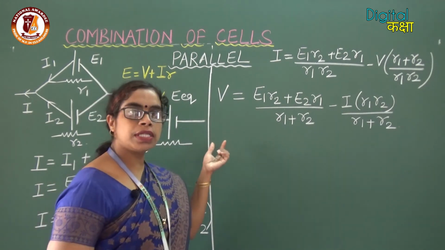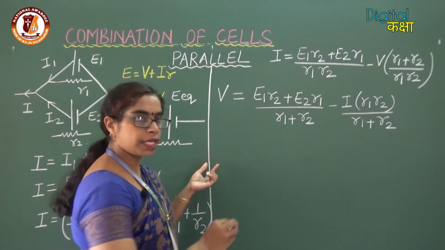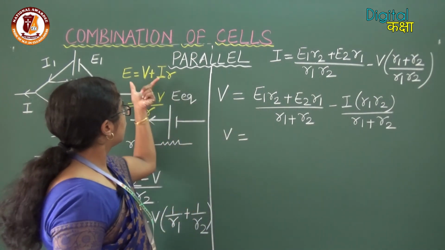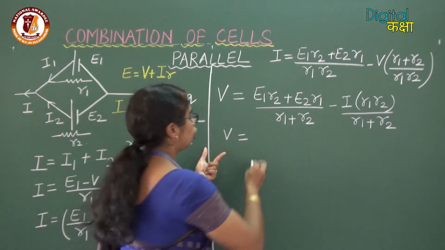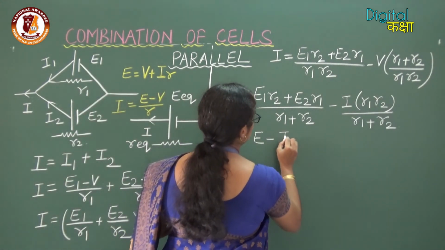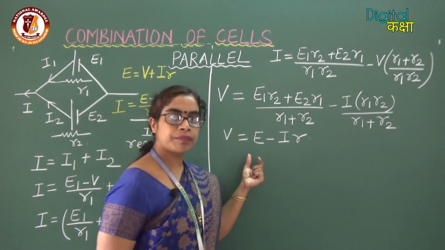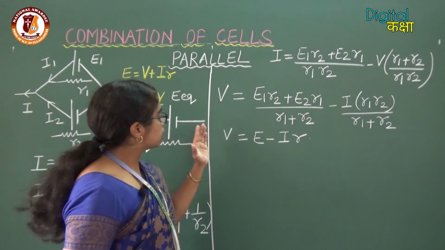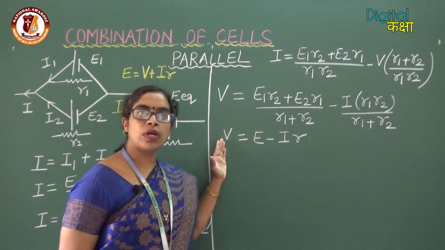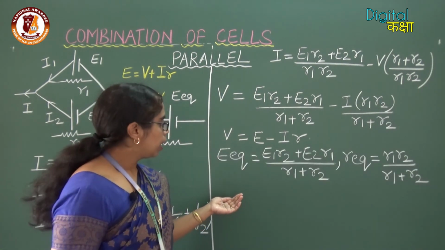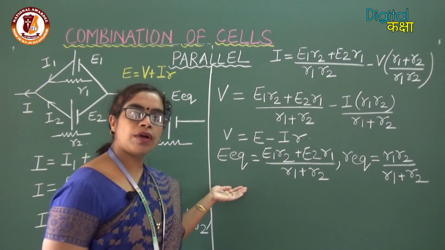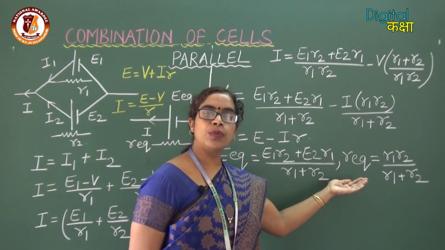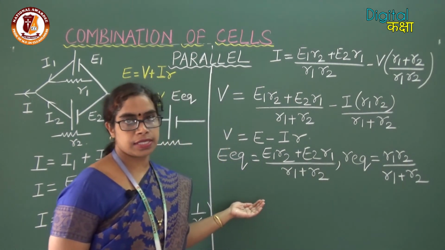When I compare this equation obtained for V with the standard equation of V, which I can write from here to be equal to E minus I into R, I can see that V is the same on LHS. So this way we have derived the formula for equivalent EMF and equivalent value of internal resistance.